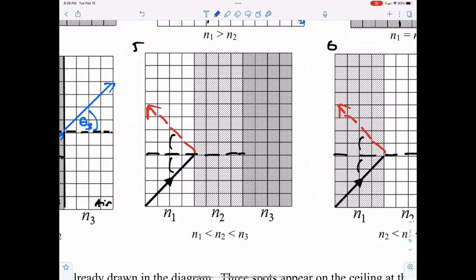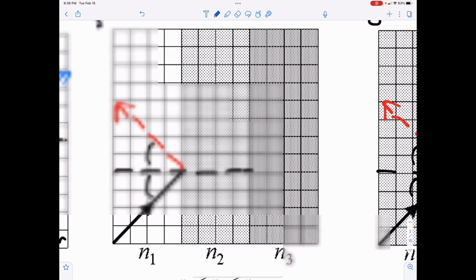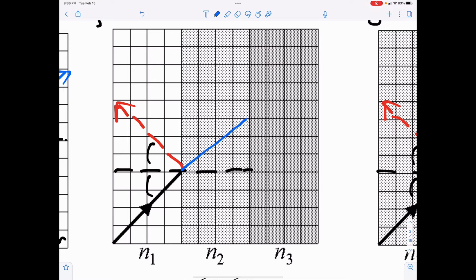Now in the case of number 5, N1 is less than N2, but it's less than N3. So what we should expect is something like this. It's going to bend closer to the normal. There's theta 2. Now when I make my new normal, and here's my second surface, I would expect it to bend closer to the normal yet again, like this.